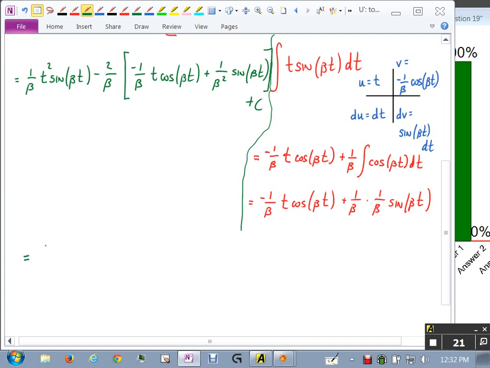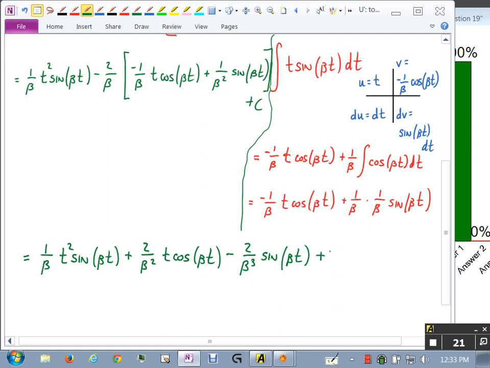We have 1 over beta t squared sine beta t plus 2 over beta squared t cosine beta t minus 2 over beta cubed sine beta t plus a constant.